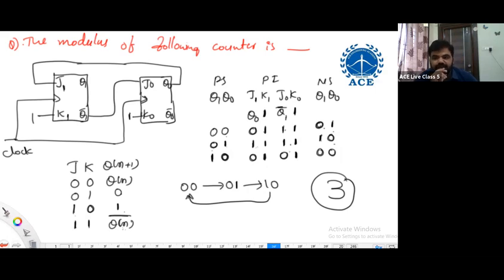We are using the excitation table. In the excitation table, did we consider 1-1 anywhere? No. Check it correctly. The counter is designed for a specific sequence. While designing the counter, I haven't used that 1-1 condition at all. Then there won't be a possibility of getting 1-1 when you are analyzing the counter either.